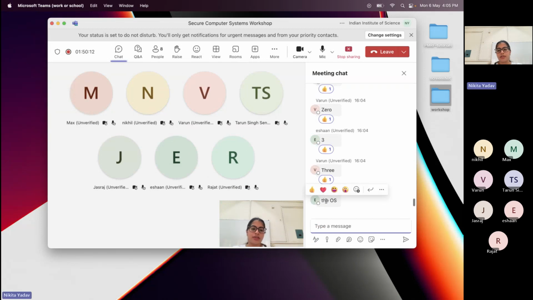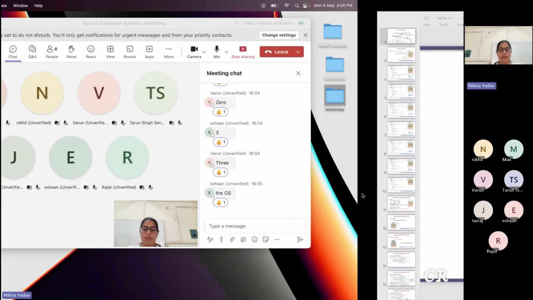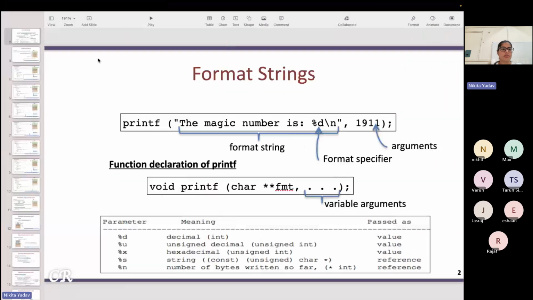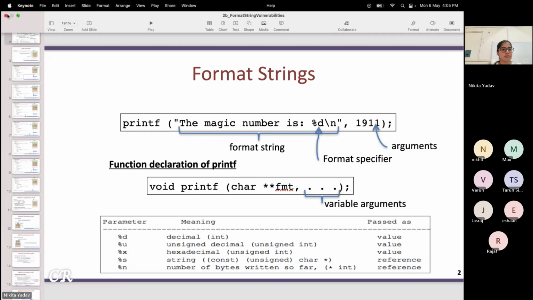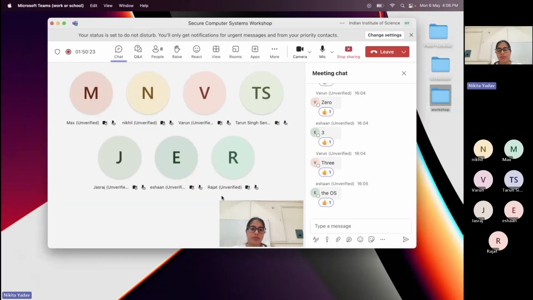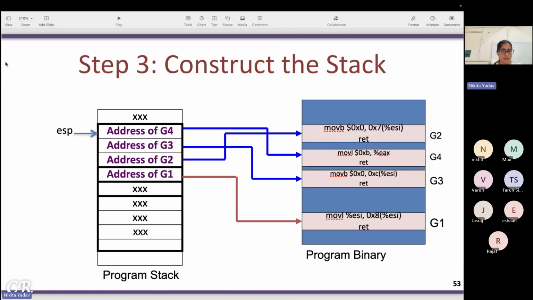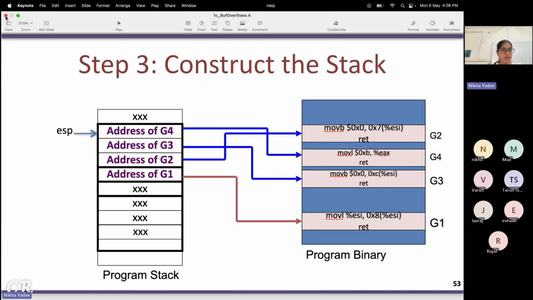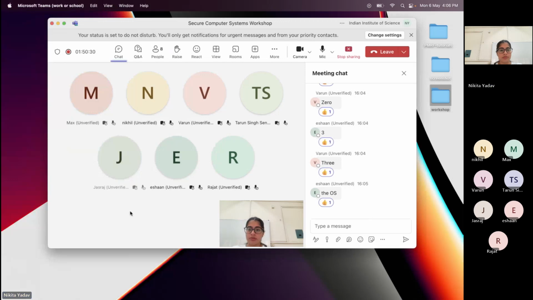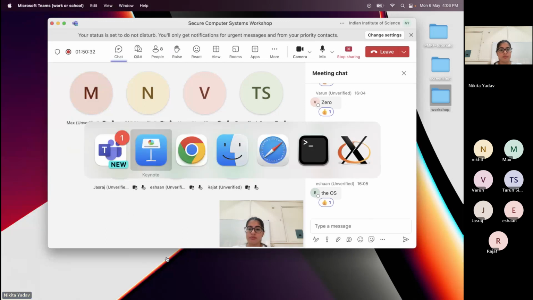Yes, so the OS with memory virtualization.